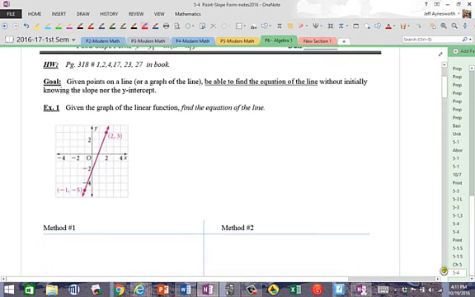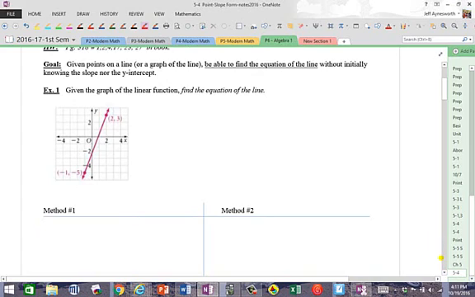Okay, so we are given this graph of this linear function right here, and our whole goal is to find the equation of the line. In order to graph the equation of the line, we need to know the slope and the y-intercept because we already know that y equals mx plus b.